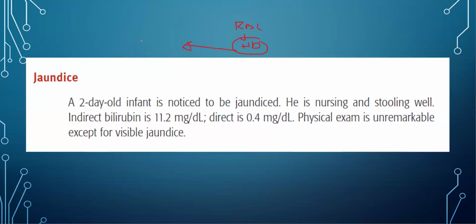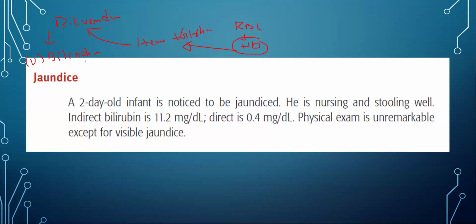So when hemoglobin breaks down, it produces heme and globin. And then the heme becomes biliverdin. Then from biliverdin, it becomes bilirubin. So up to this, it is unconjugated bilirubin.